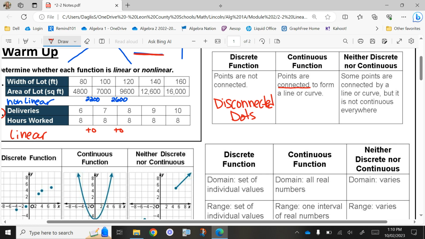So I would underline connected. They're all connected to be continuous. And then to be neither, some points are connected by a line or a curve, but it's not going to be continuous everywhere. There's usually breaks in your graph, breaks or holes in the graph between lines or something like that.